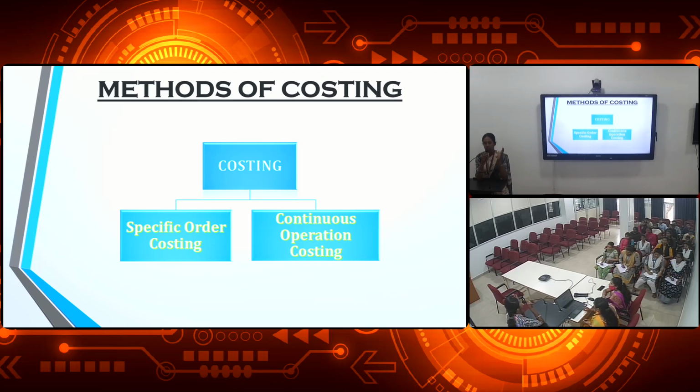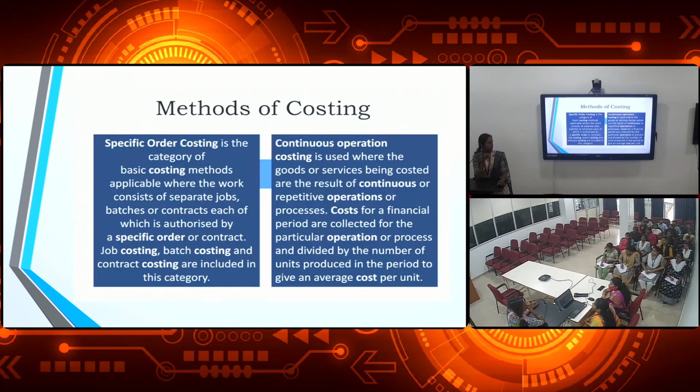These two costing methods will again be divided into many costing types that we are going to see. Let me explain again about specific order costing. Specific order costing is the category of basic costing methods which is applicable for separate jobs or batches, authorized by a specific order or a contract.